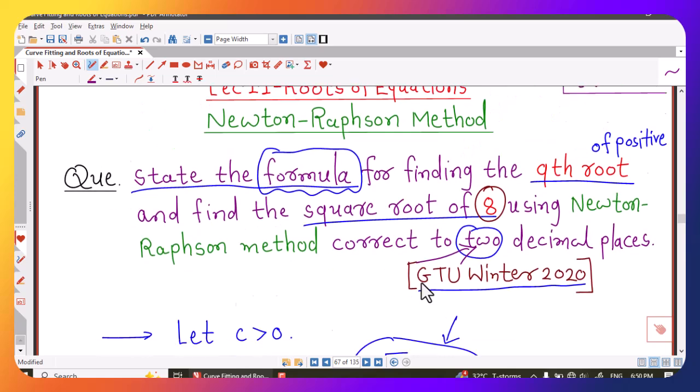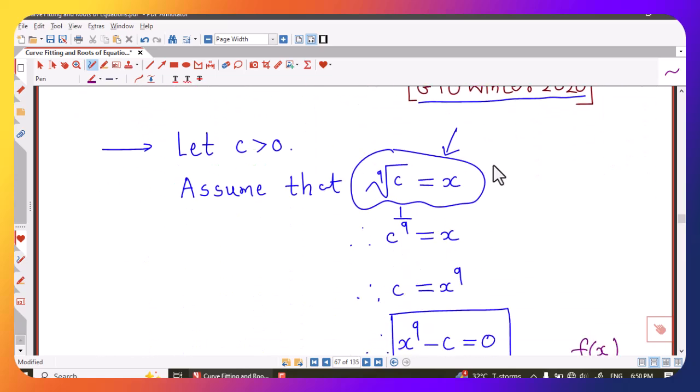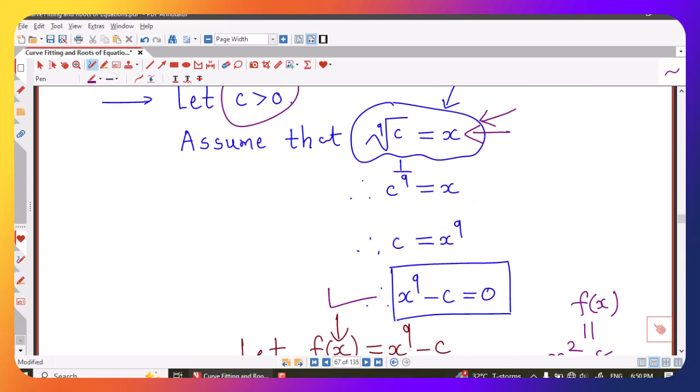Here we have discussed the general formula to obtain the qth root of any positive real number c. Here c is any positive real number, and we have considered qth root of c equal to x, and we have developed this equation. So solution of this equation will give us the value of qth root of c.